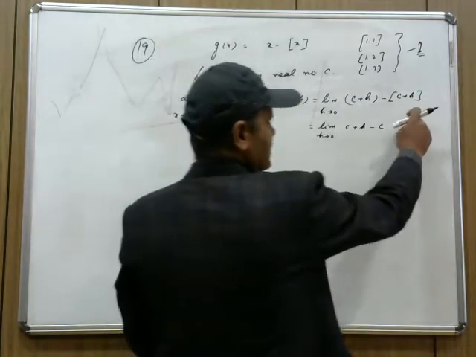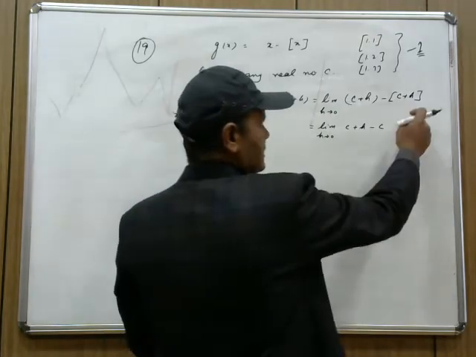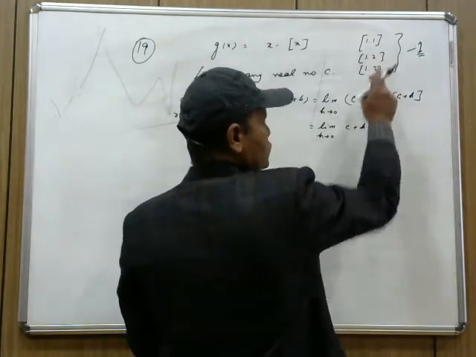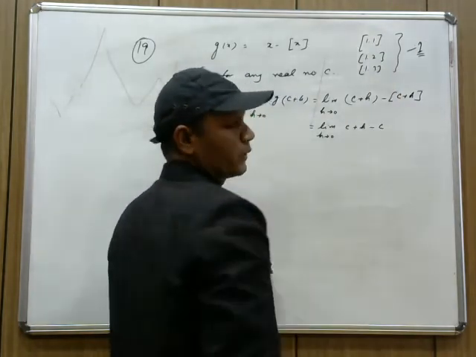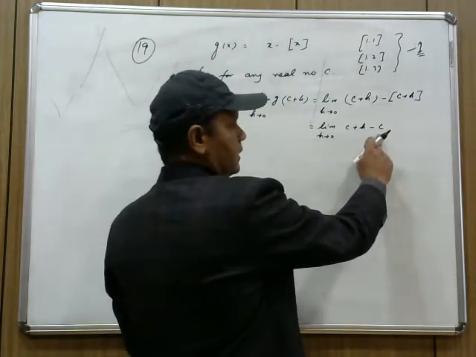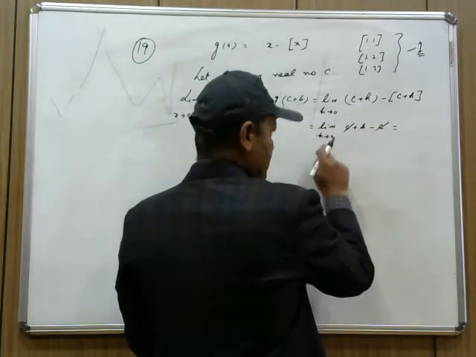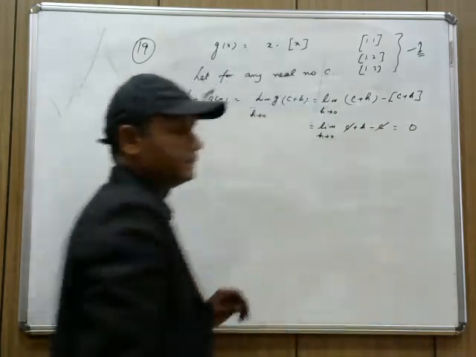Here c plus h is very, very small, that is 1 plus 0.1, 1 plus 0.2, the integral part will be 1 only, that's why I have written here c. Then c and c are cancelled, that is h as h tends to 0, the answer is 0, right?